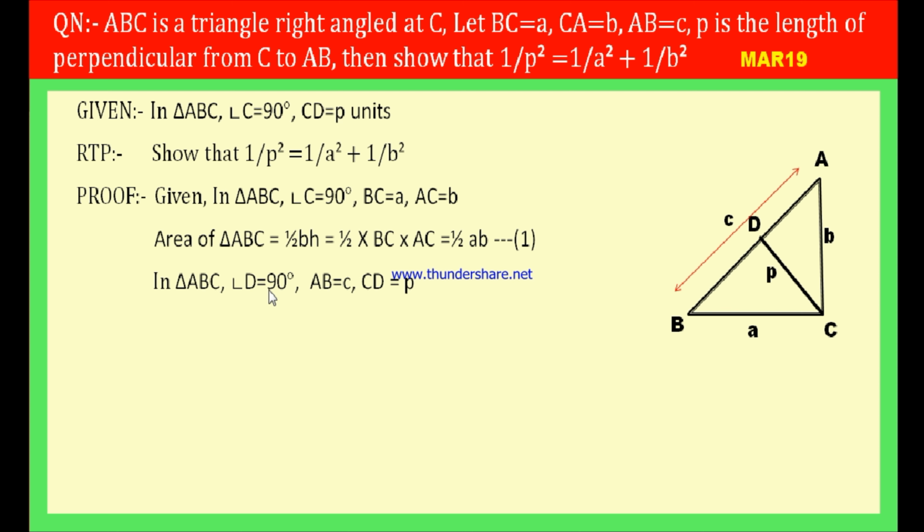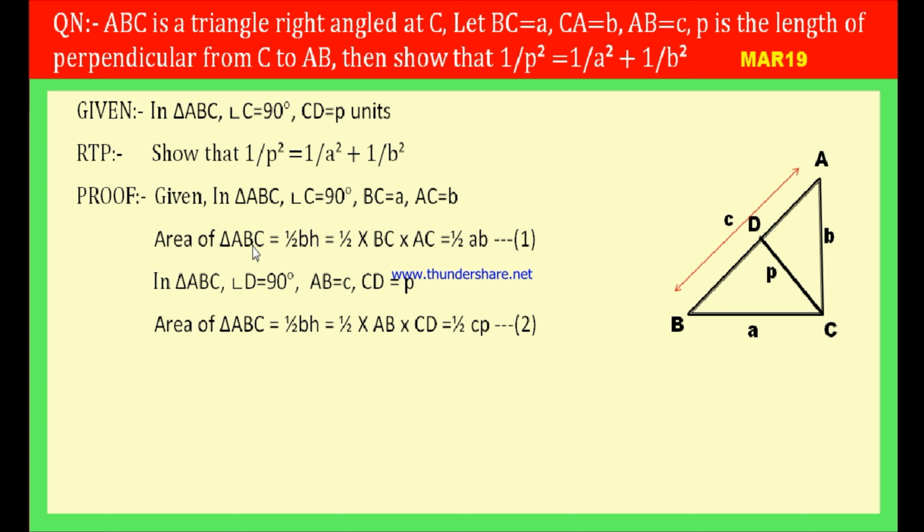Angle D is 90 degrees, AB is base, c units, and CD height is p units. Again, find the area of the triangle ABC by half base into height. Substitute the values: AB is c and CD is p. Therefore, this is half of CP. It is the area of the triangle ABC in the second method.